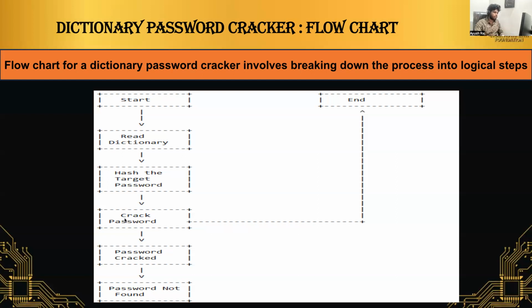After that, in this block, crack password, if it matches, then we say password cracked, and if it does not, then we say password not found. After that cracking, it will end. This is the flow of the process.